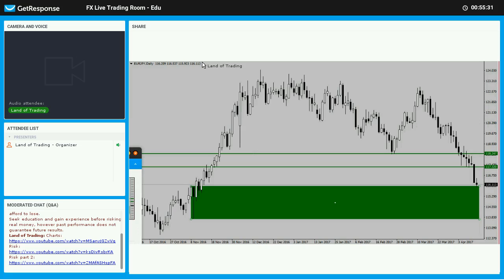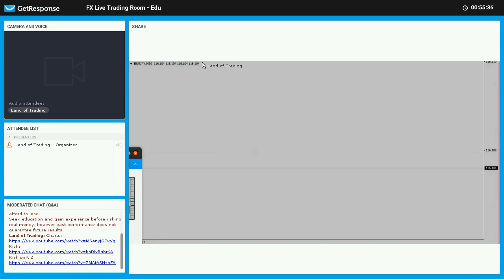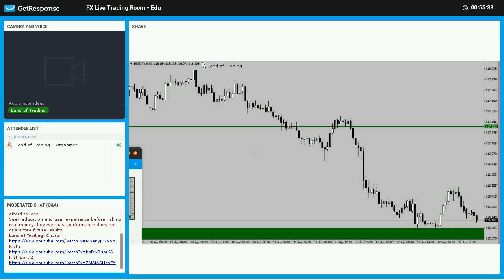I would be very careful looking for a sell here. Okay, even if we have some kind of supply based on the intraday chart, I would be careful selling here.